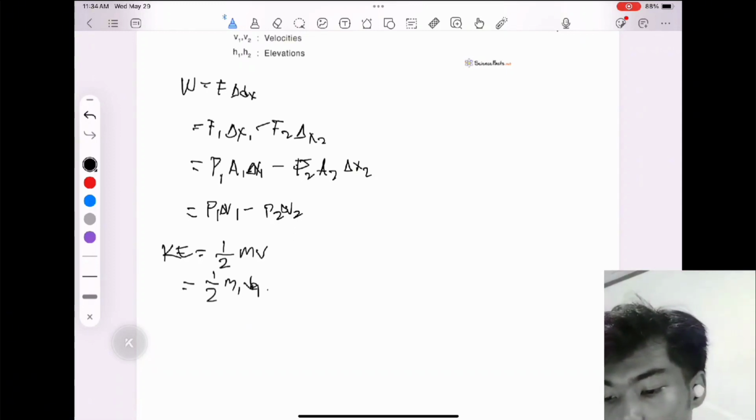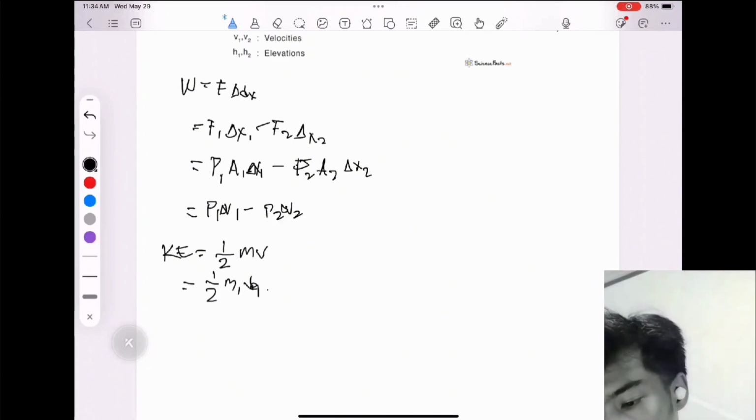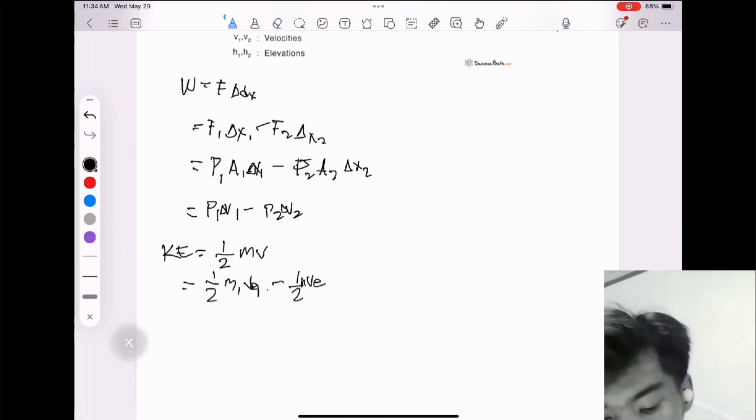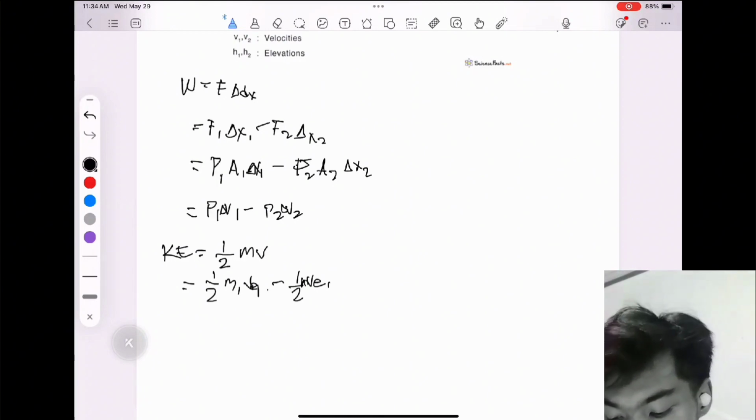Alalahanin nyo, hindi dapat sa labas yung square, kasi iba ang magiging resulta nung nasa labas yung square sa nasa loob yung square, okay? Since by PEMDAS.